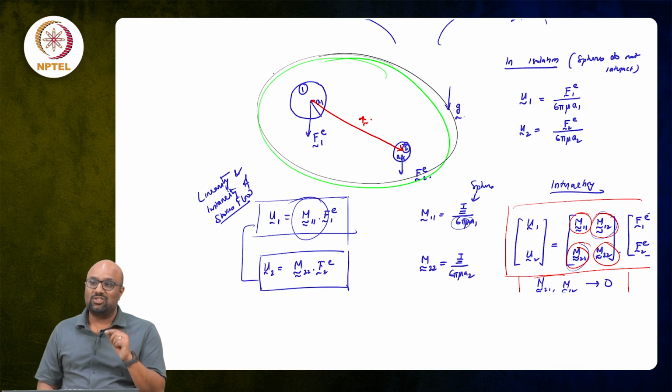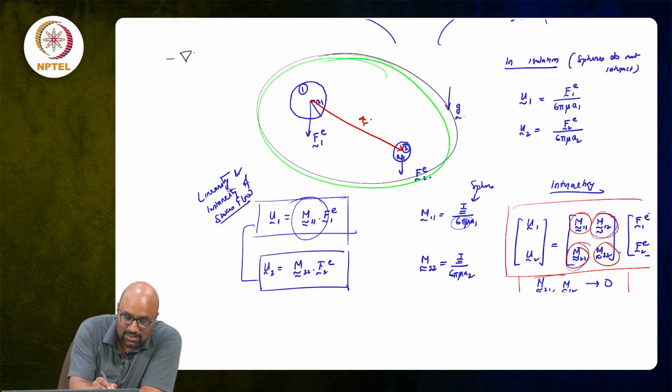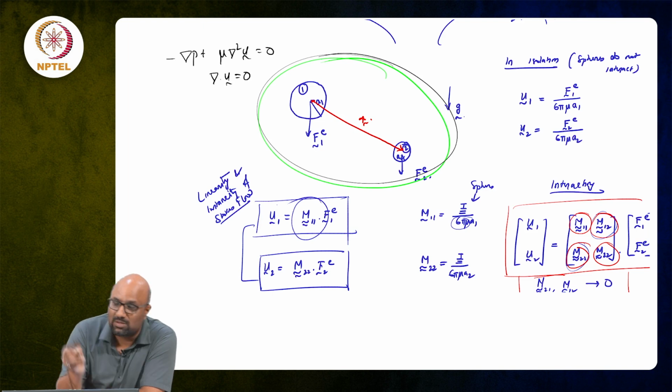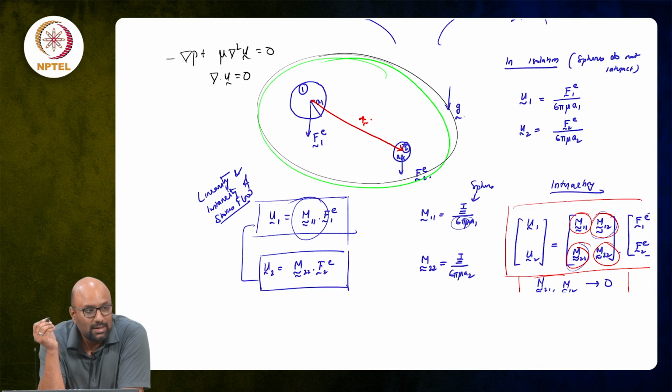There is no such temporal evolution in this problem, because the governing equation still is minus grad p plus mu del square u is equal to 0, subject to the incompressibility condition. This is not changing. So there is no temporal evolution in the problem.